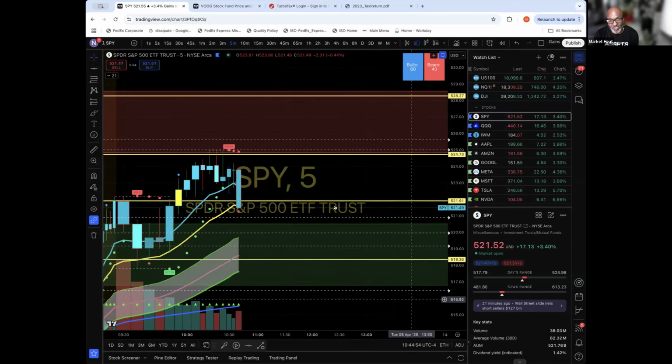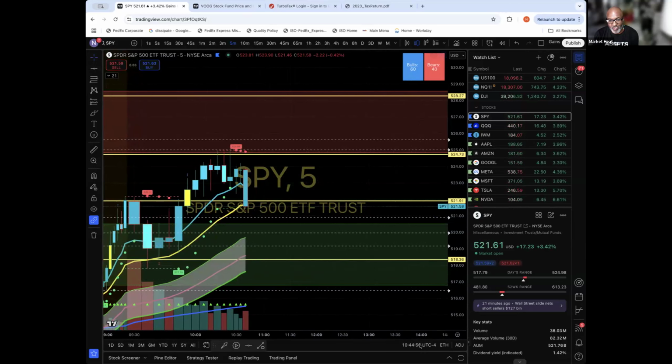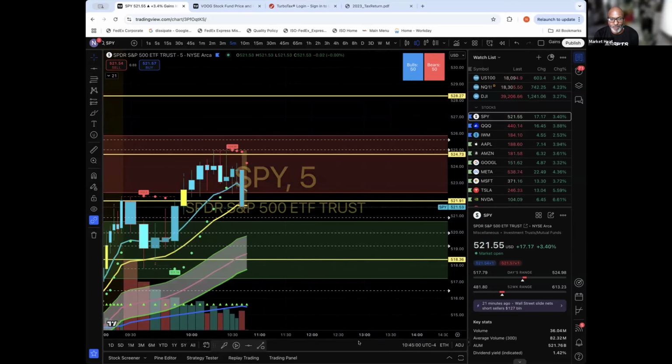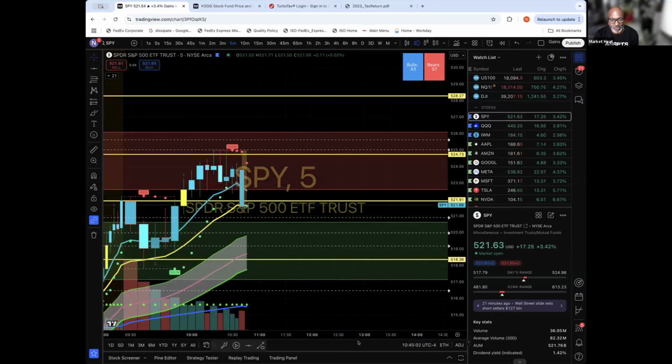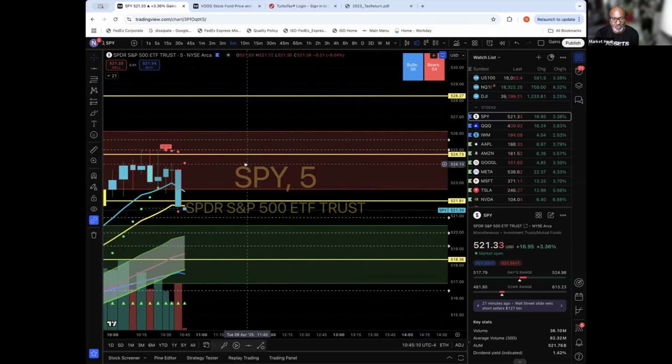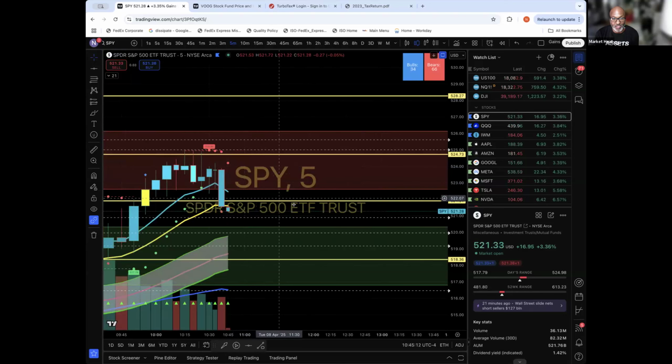Now, considering this is the 5 minute candle, we're going to see a new candle in about 3 seconds. All right, so there we go. Now keep in mind, it's consolidated right now, right? Because we now see it broke out of consolidation and it did it to the downside. So now we are going to see 520.89.